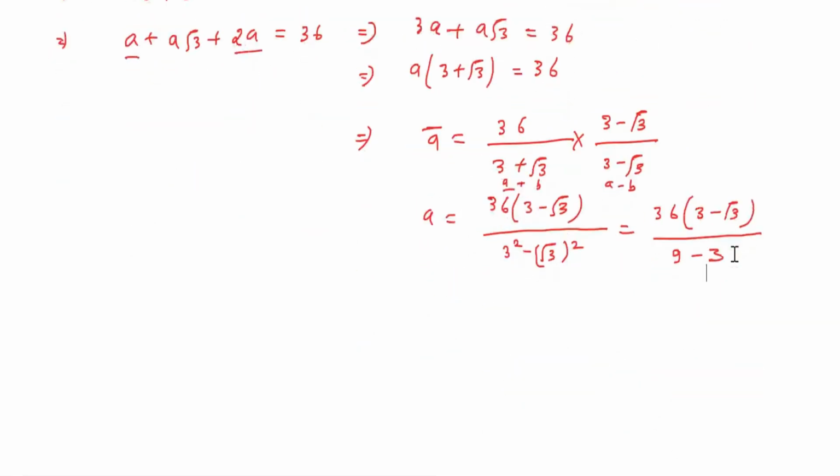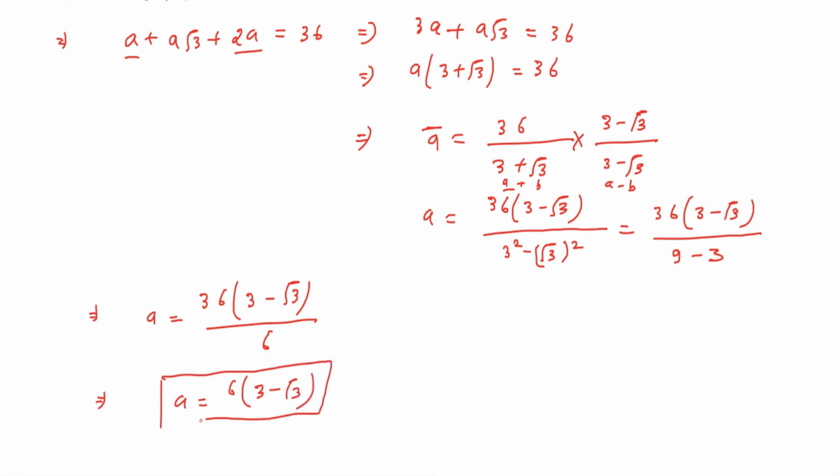So from here the value of a can be given as a is equal to 36 times 3 minus square root of 3 divided by 6. So a can be written as a is equal to 6 times 3 minus square root of 3. So this is the value of a in its simplest form.